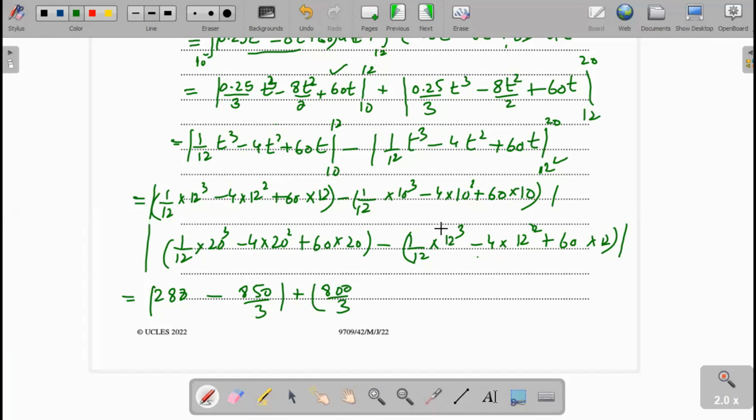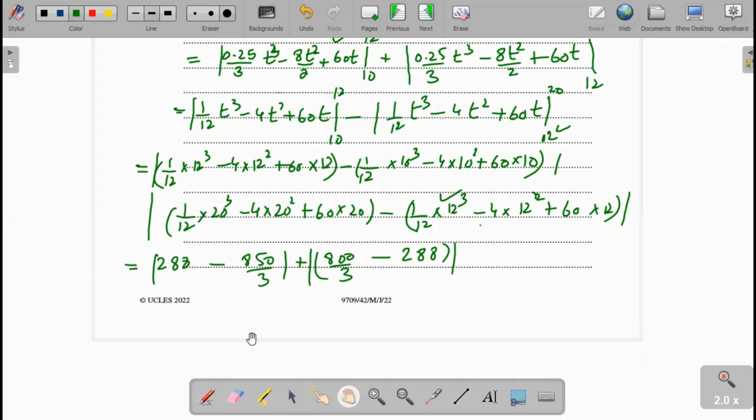This value is the same as we already calculated: (1/12) times 12³ gives 288.